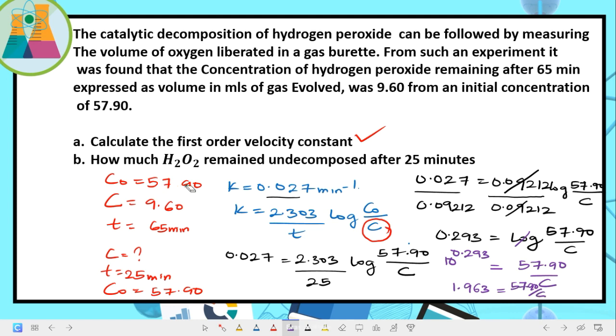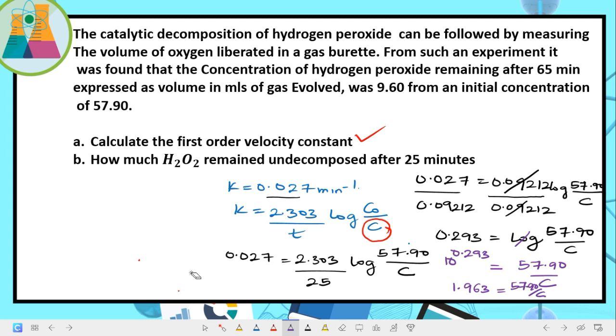Let me erase from this side so that we'll see space to write on. Finally, what will now be your answer? 1.963 is equal to 57.90 divided by c.